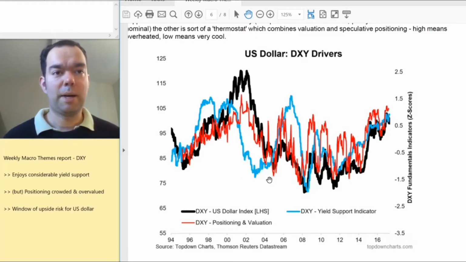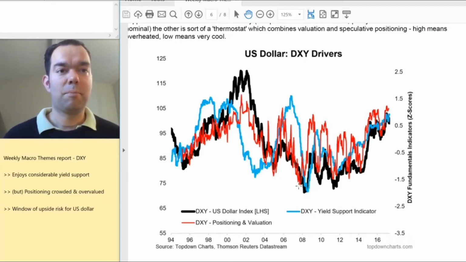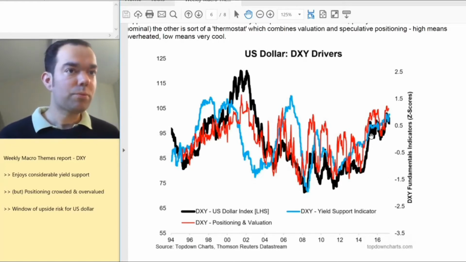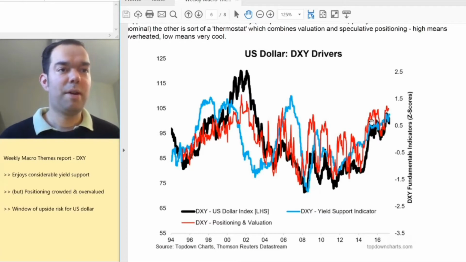You can see there that when it goes to extreme lows or extreme highs, it often marks a turning point in the market. And when you have alignment between the two, that's often one of the most compelling setups. Just prior to that sharp rally in the US dollar in 2014, 2015, you had a shakeout in the positioning and valuation indicator.